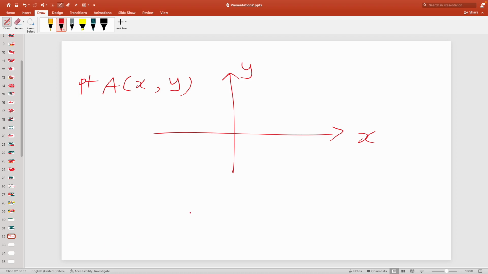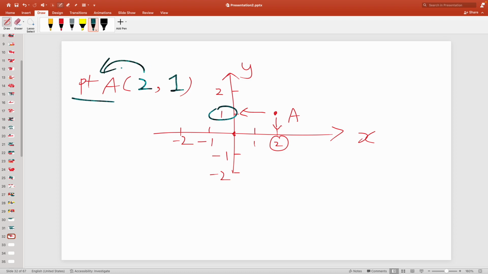Like, let's say I have this. Let's say here, this is my point A. So my point A is 2 and 1. Are you clear? So my point A is labeled as 2 and 1.